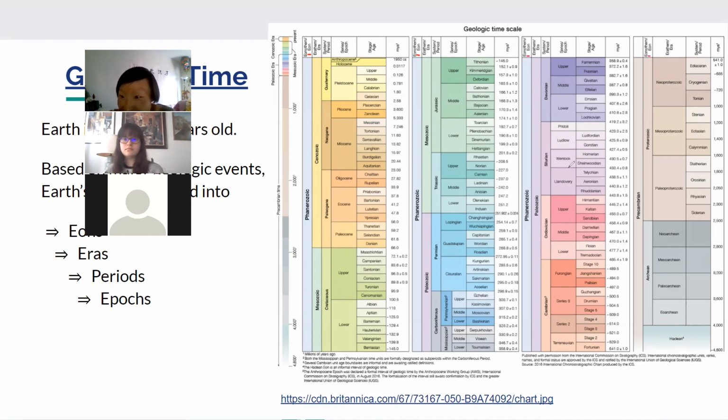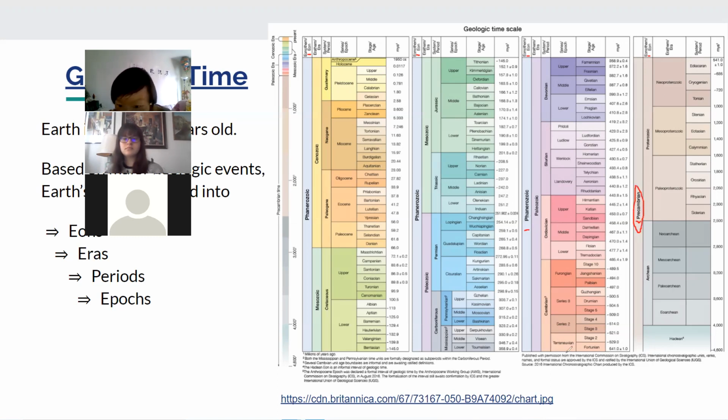So you can see here for eons, we just have how many? Can we count it? We just have 2, right? We have this Precambrian eon. We have this Phanerozoic eon, right?